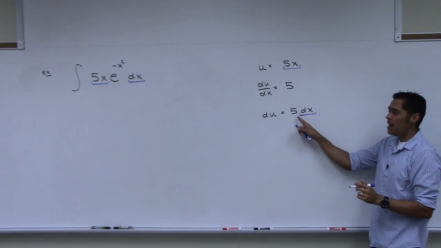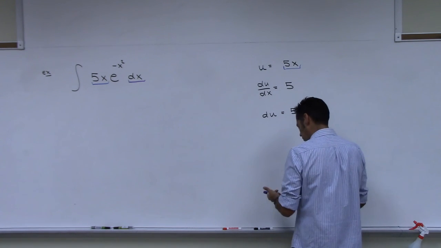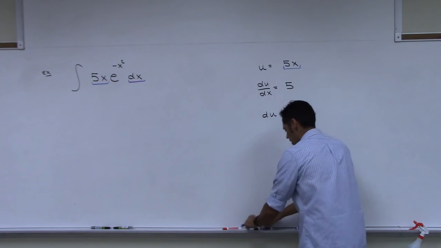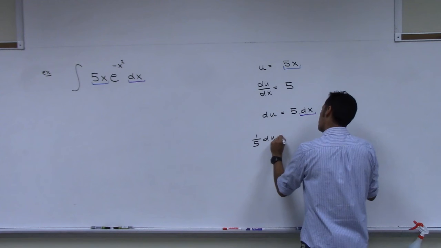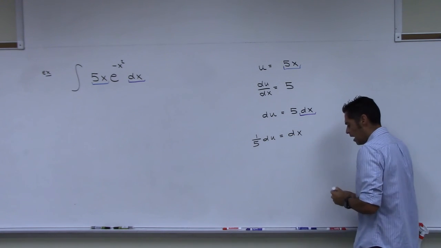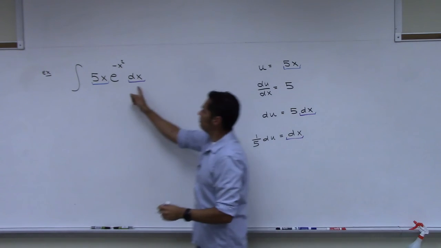Got to get rid of that 5? So that will become 1/5 du is dx. So now I've got it, right? So I'll be able to replace this piece.